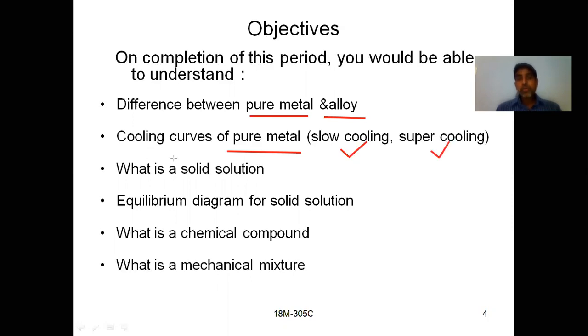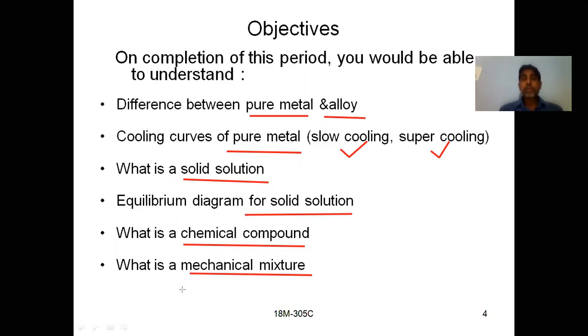Okay, so we will discuss the cooling curves of pure metals by slow cooling and super cooling, and next we will discuss what is a solid solution and the equilibrium diagram for a solid solution, and how many types of solid solutions are there, and what is meant by a chemical compound and what is meant by a mechanical mixture. So these things we are going to discuss.